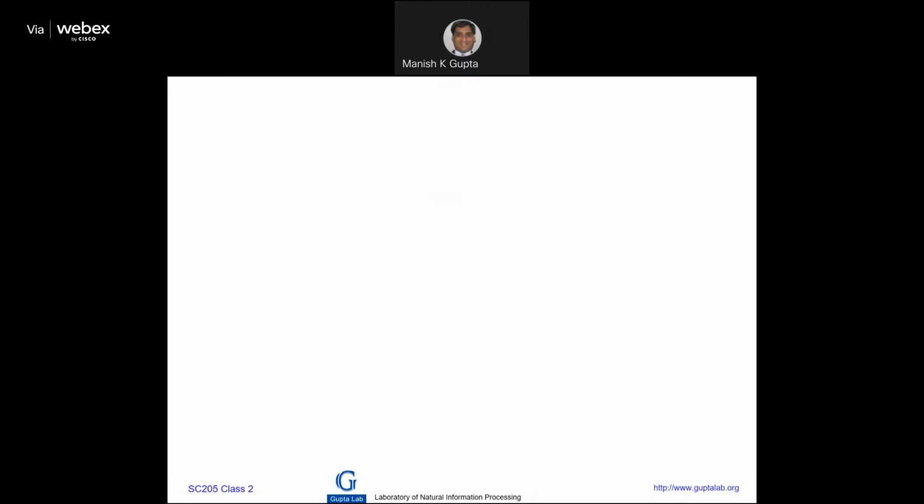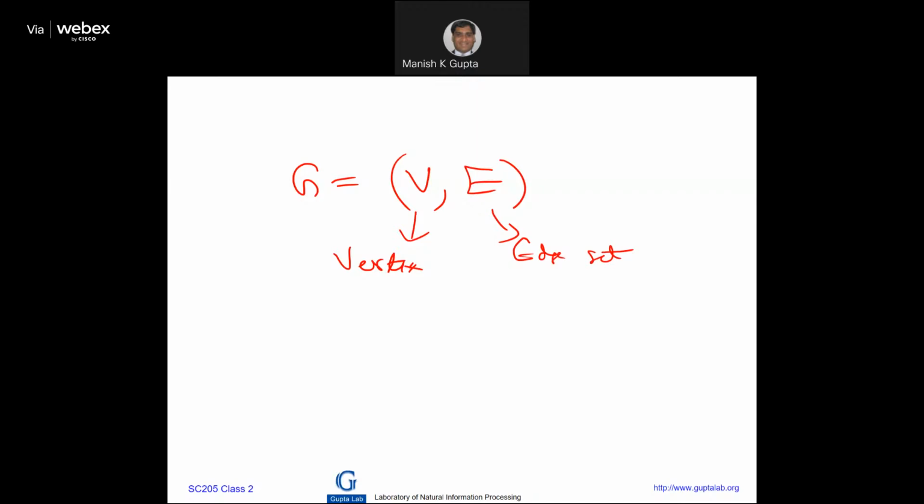So in general, a graph consists of a vertex set and an edge set. If the vertex set is infinite, it is known as an infinite graph.